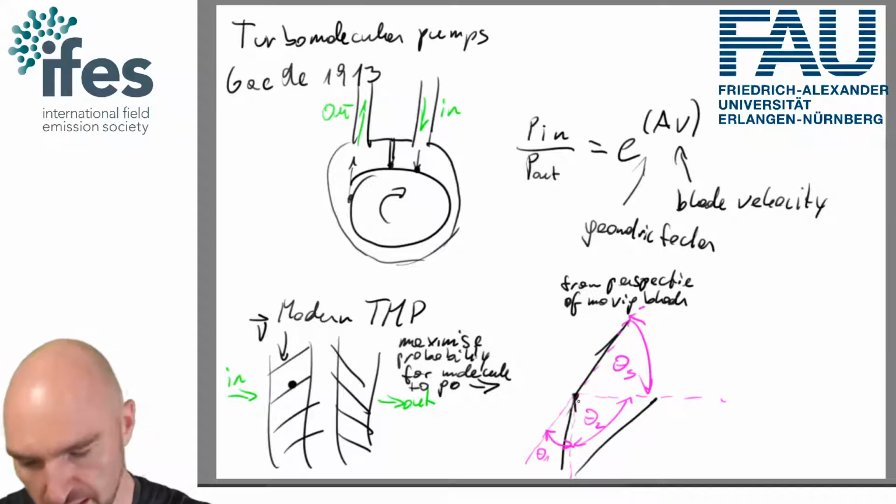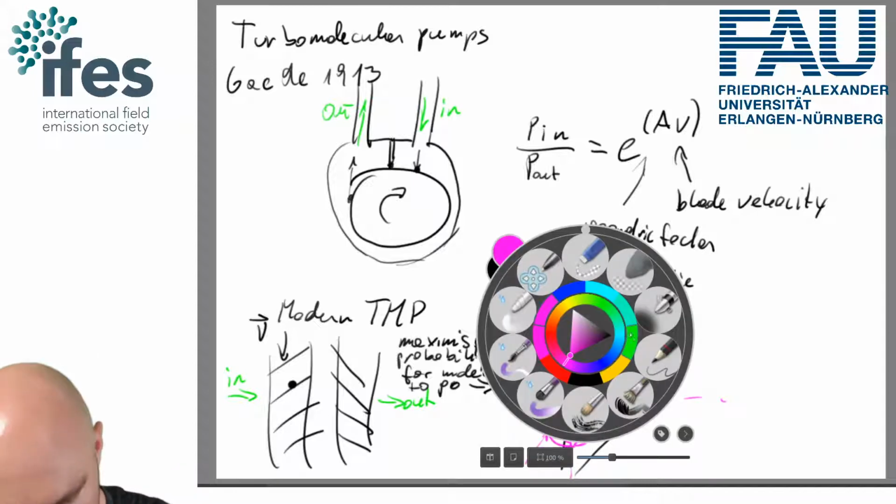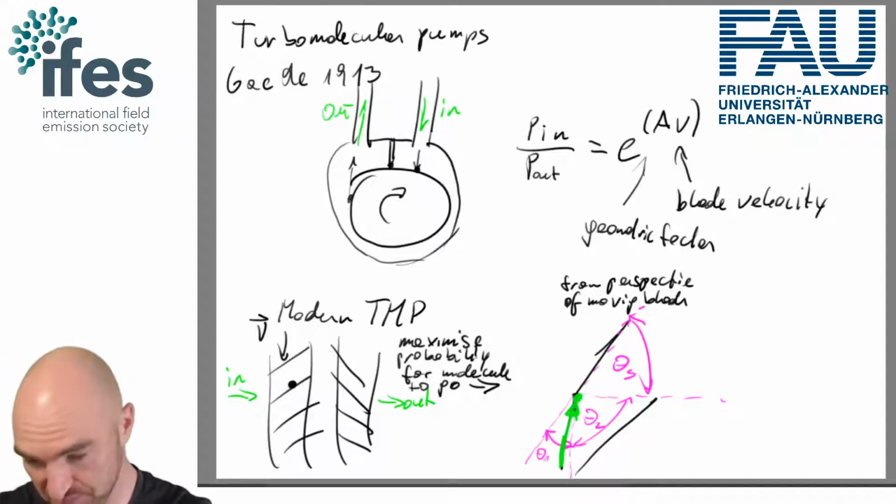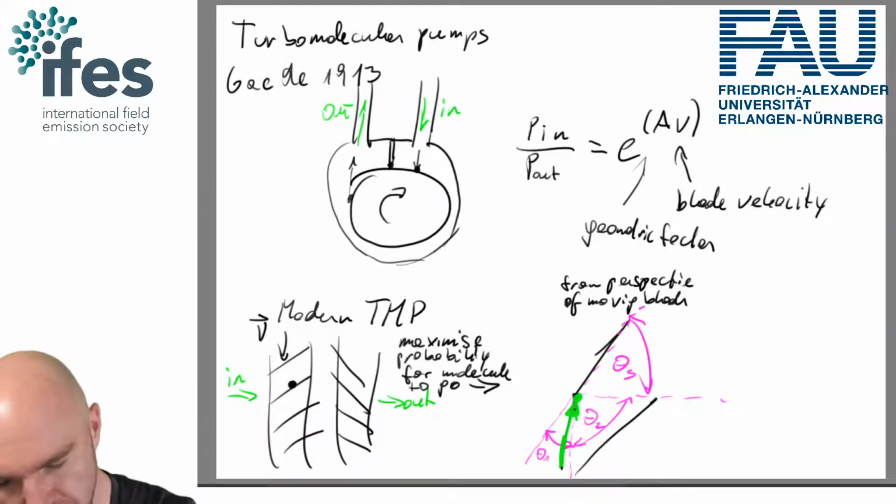So if the molecule absorbs, now maybe use some color here as well, so that this is the incident velocity vector.